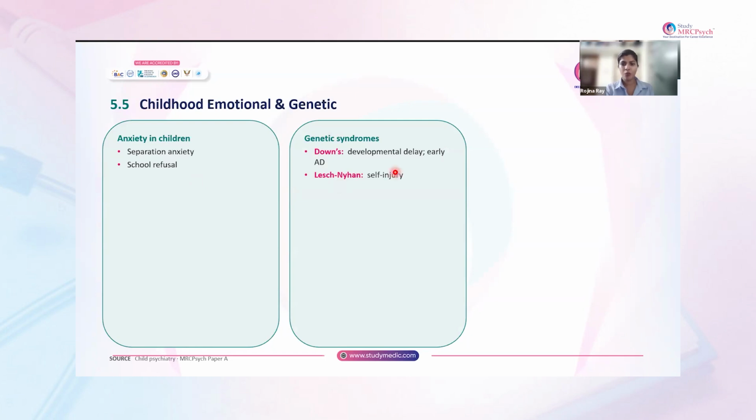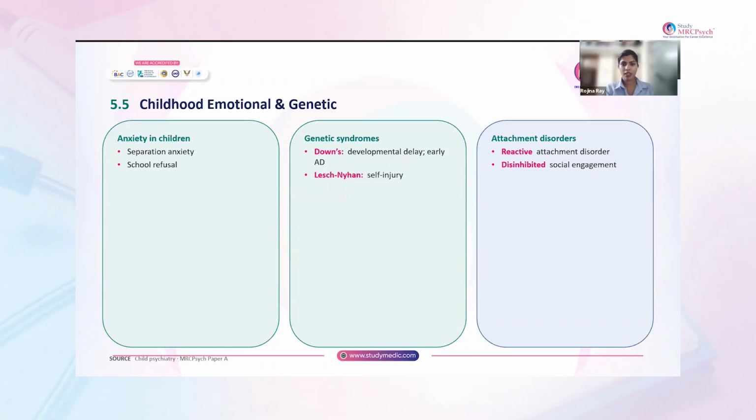So Down syndrome, the individual may have intellectual disability, developmental delay, and early onset of Alzheimer's. Lesch-Nyhan syndrome usually presents with self-injurious or self-mutilating behaviors, and is associated with HGPRT deficiency. The enzyme is HGPRT. Then there can be attachment disorders like reactive attachment disorder and disinhibited social engagement.